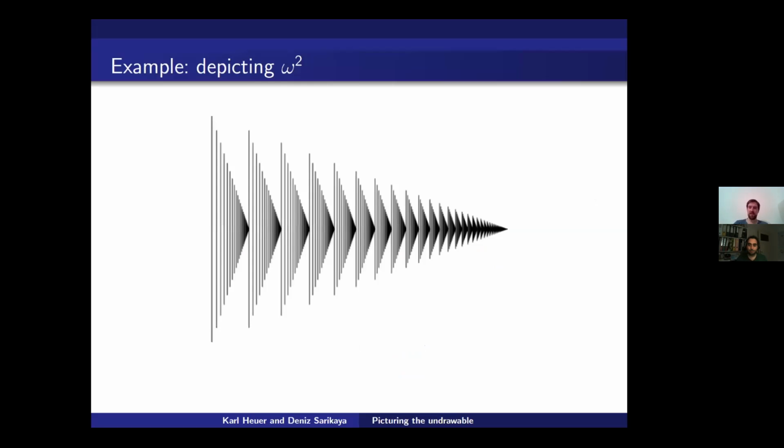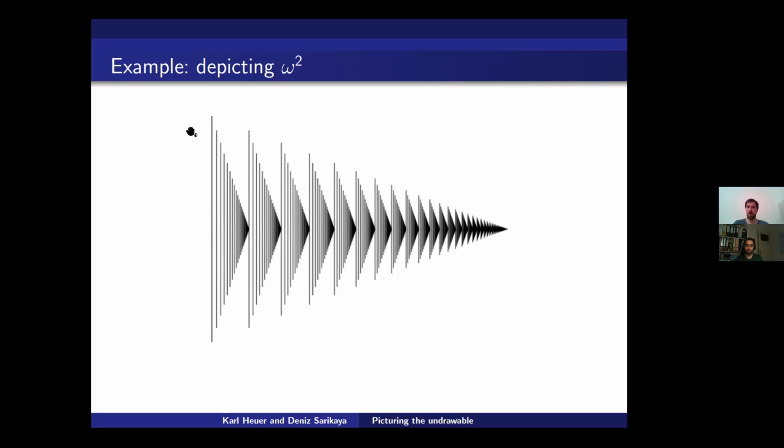Okay, so let me start with a very basic example, namely ways to depict omega or then even omega squared. Let's say we try it as follows. We start drawing lines, or let's say bars, where the first one corresponds to our ordinal 1, the second one to 2, and so on and so on.